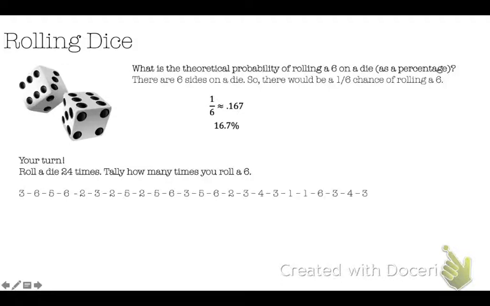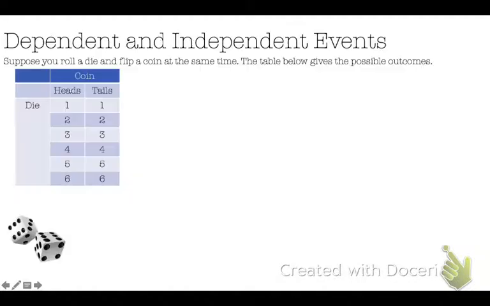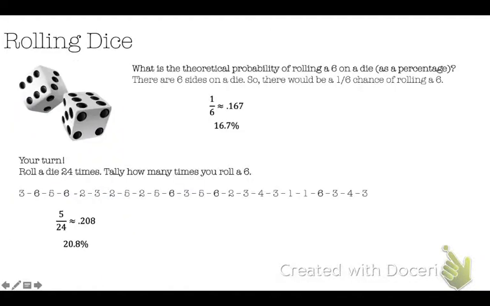So I rolled a dice 24 times, and this is the numbers I got. So I got 6, 1, 2, 3, 4, 5 times. So that's 5 out of 24, which is 0.208, which is 20.8%. So my experimental probability was 20.8%.